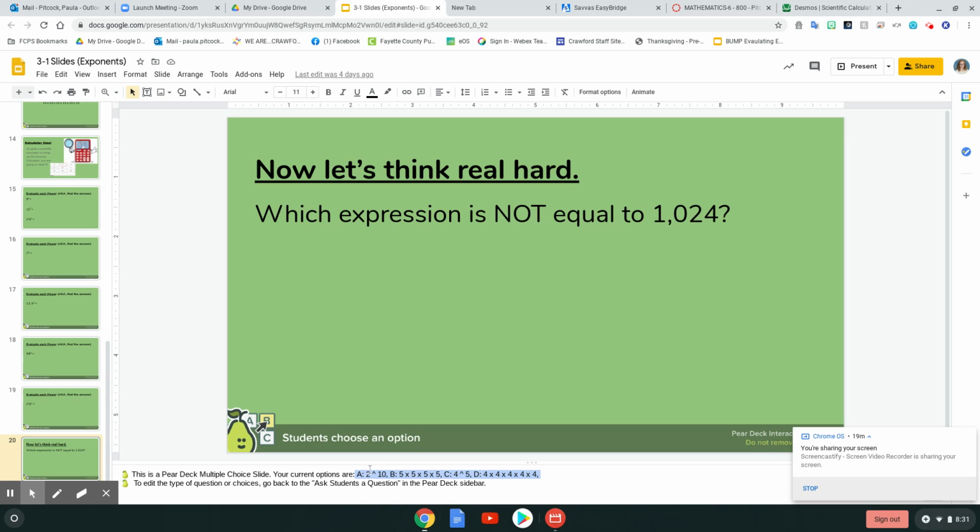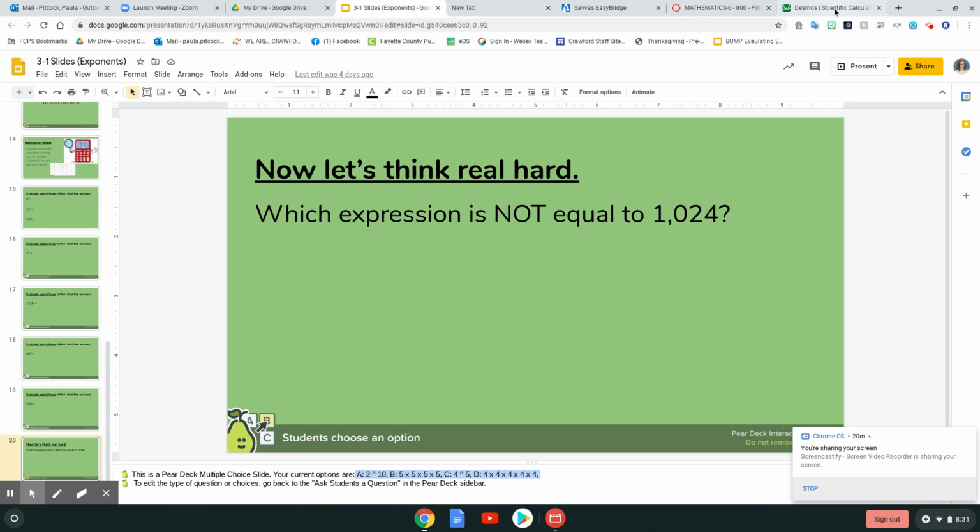And guys, this little upward arrow is how you tell that it's an exponent. This is 2 with a little 10. This is 4 with an exponent of 5. I'm just not able to type it in there. So pause, use your calculator, and figure out which one does not give you 1024. Okay, let's work this out.